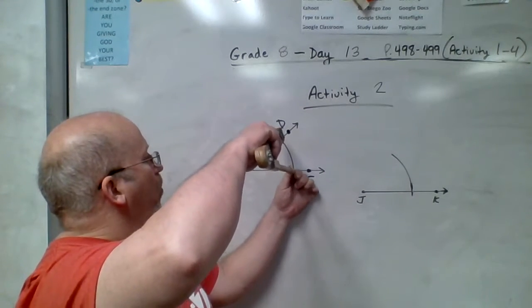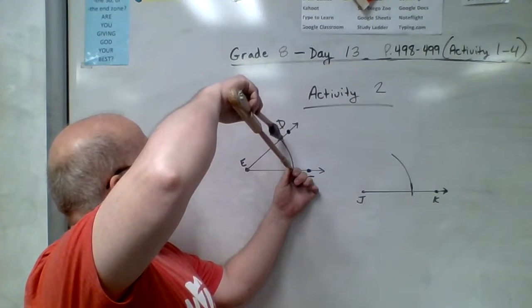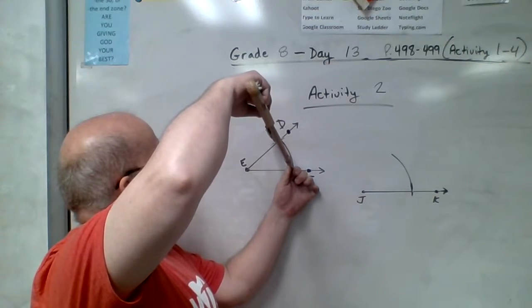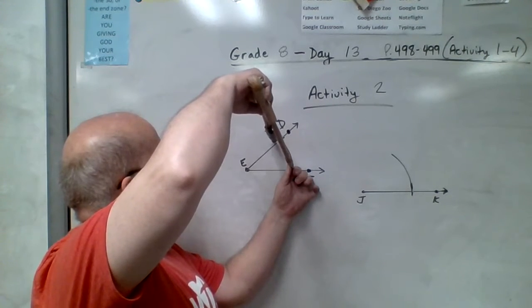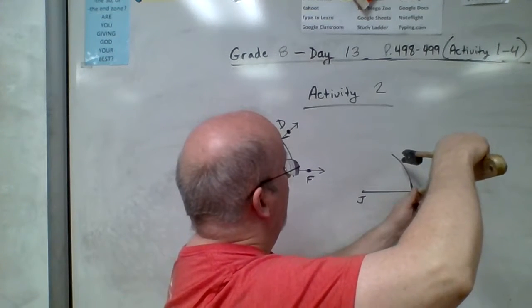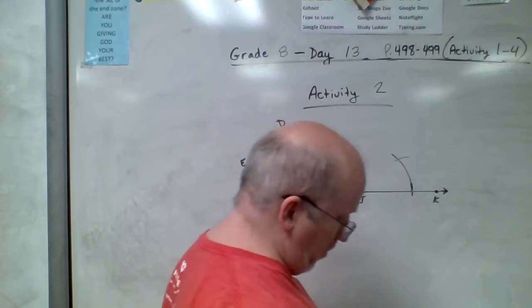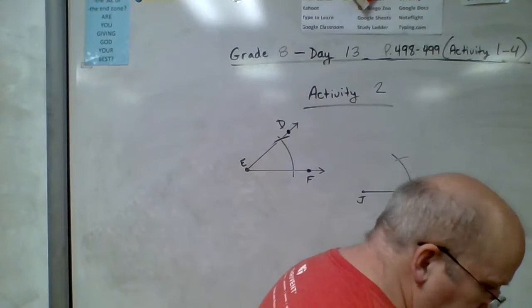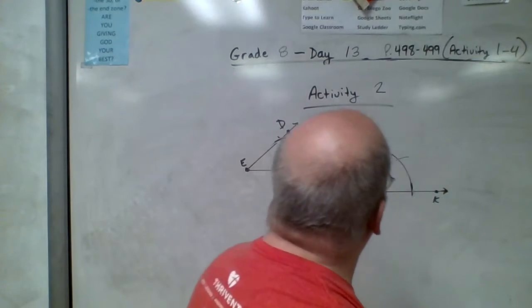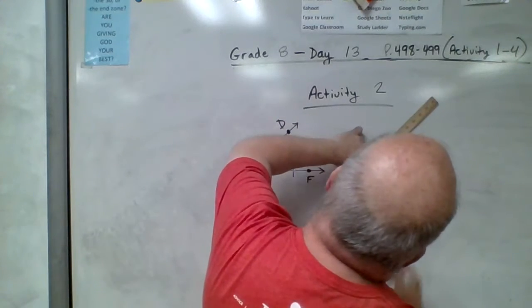And when we do that, we're going to draw an arc. We're going to take that distance over here, and we're going to draw an arc as well from this point out to here.